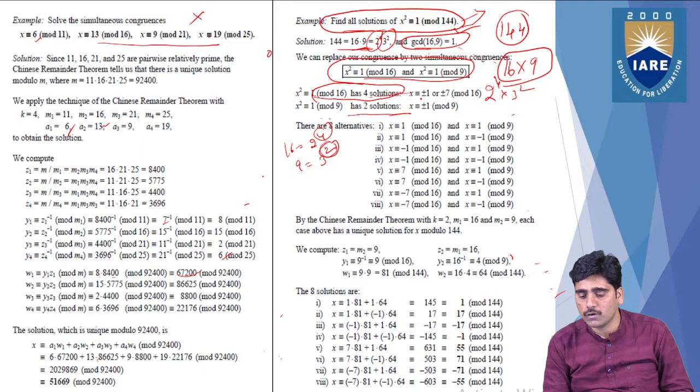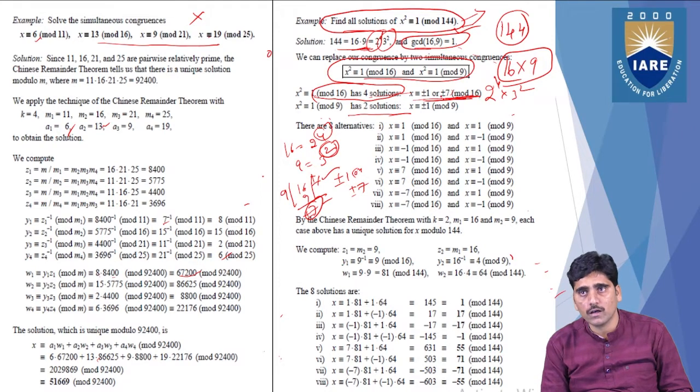Those 4 solutions are x equals plus or minus 1 or plus or minus 7 mod 16. Here 7 comes from dividing 16 by 9, where the remainder is 7. Similarly, x square congruent to 1 mod 9 has 2 solutions, that is x equals plus or minus 1 mod 9.